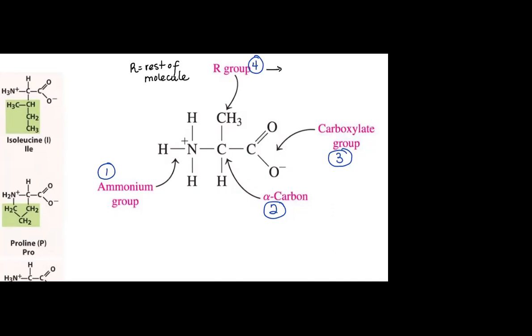And this R group, which is going to be the side chain for every single amino acid, is what makes them different. So understand that every single amino acid is going to have a different R group.